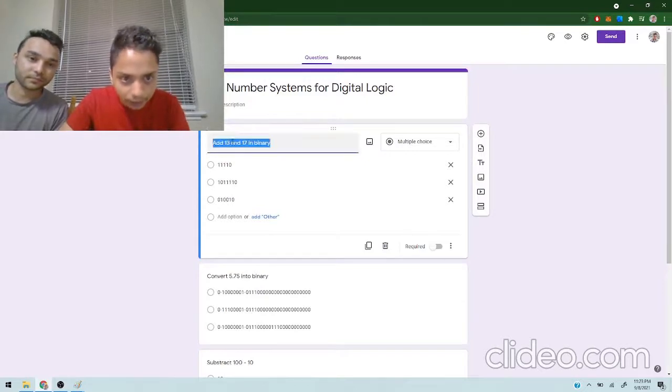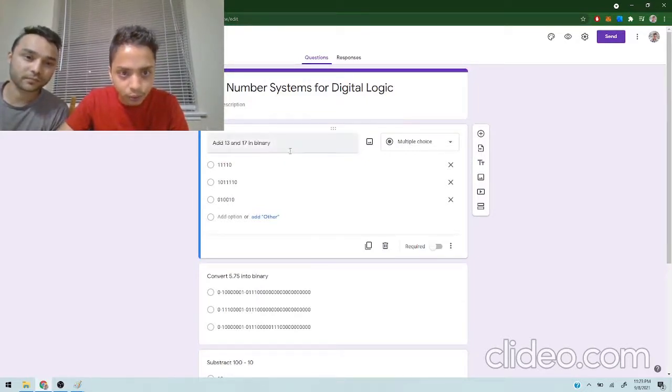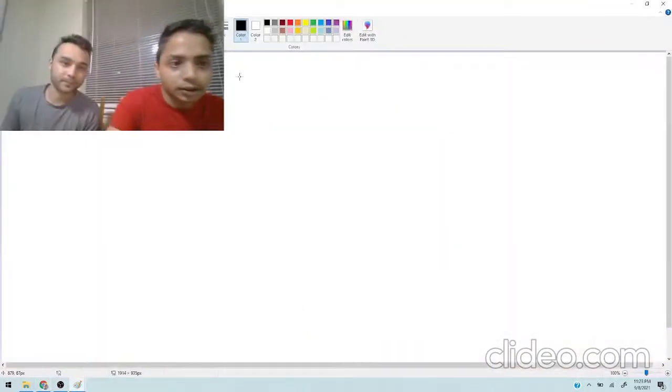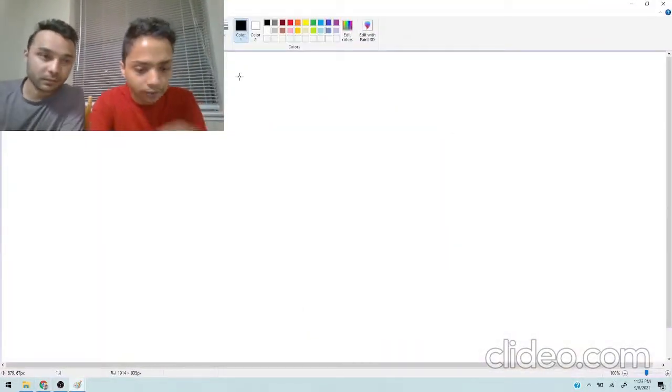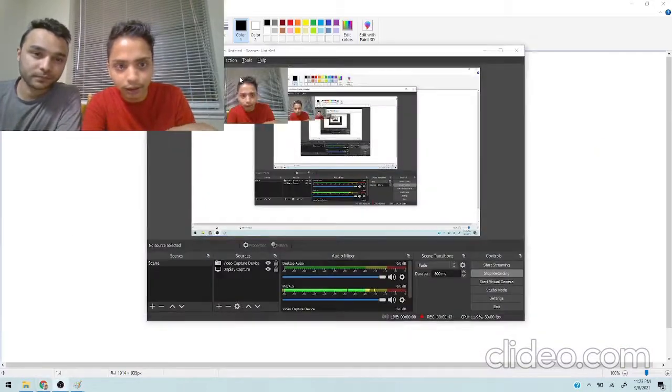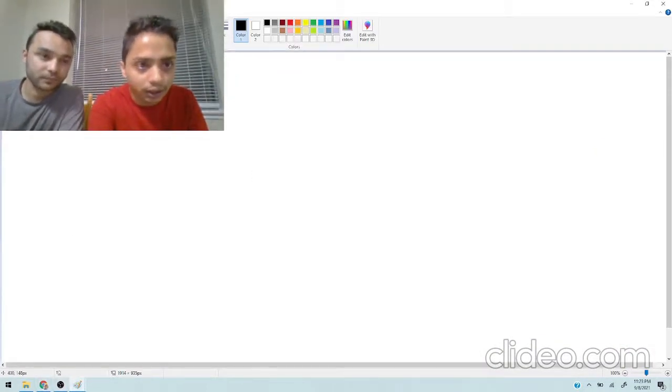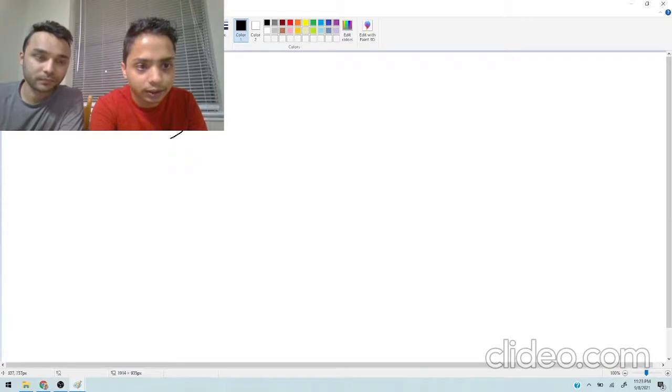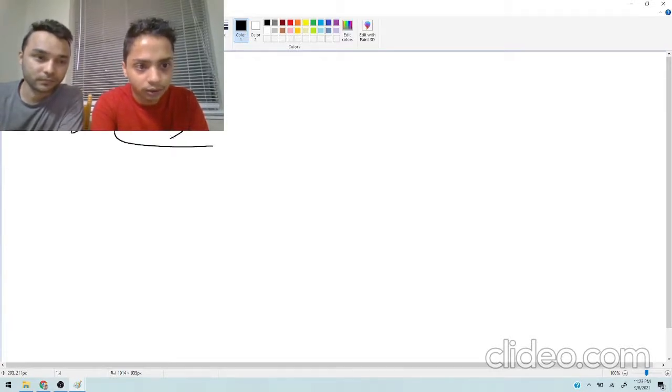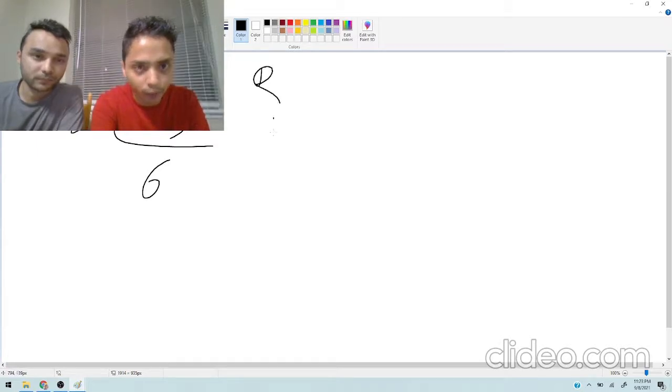For that, let me convert 13 and 17 to binary first. Let me just open up Paint here. With 13, let's just divide it by 2. 2 sixes are 12, so the remainder would be 1.